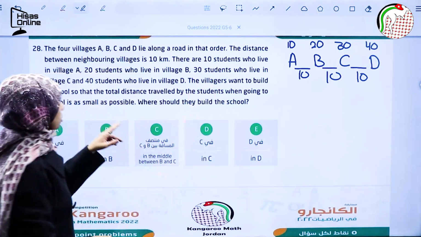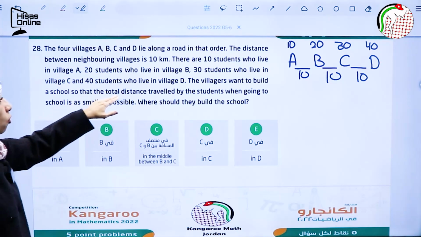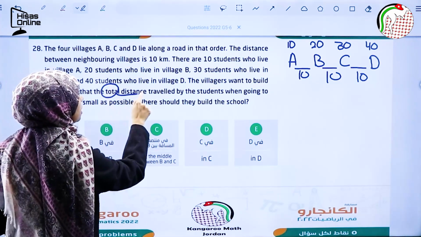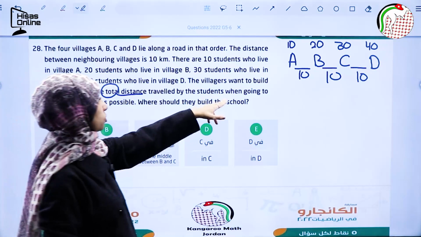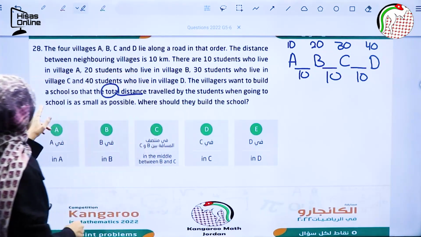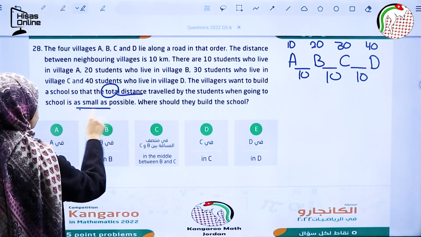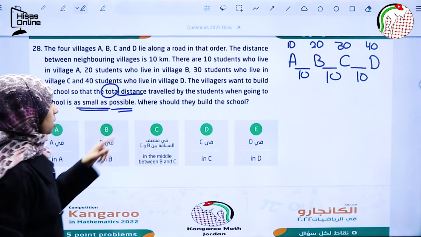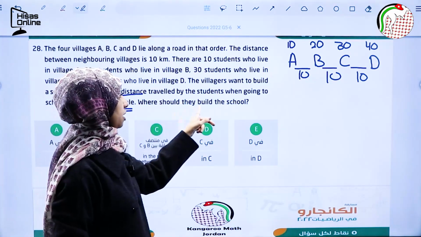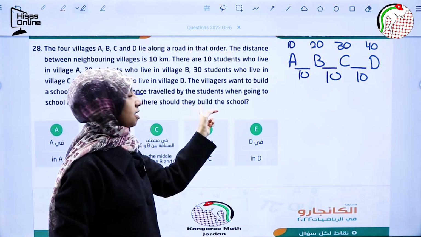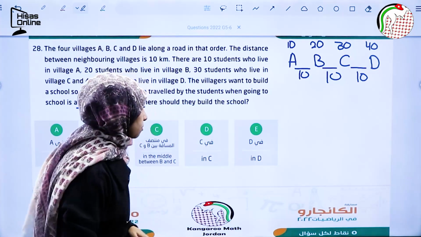The villagers want to build a school so that the total distance traveled by the students when going to school is as small as possible. Where should they build the school?